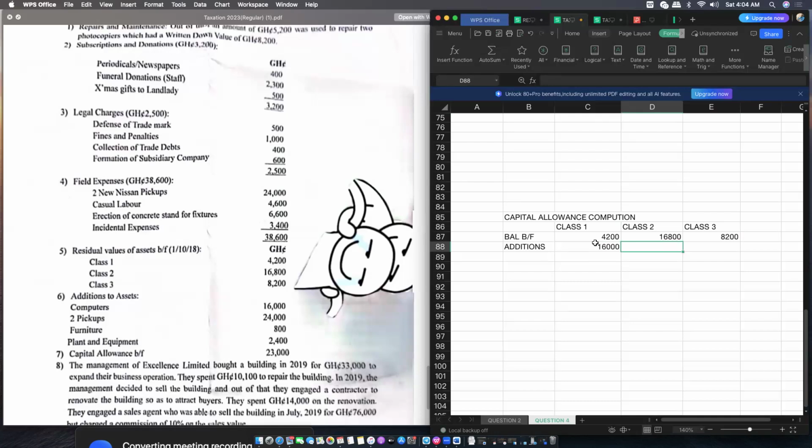That's the pickup, so pickup is class 2. Class 3? You sum up the plant and equipment. That's 2,400. Then furniture 800, plus the erection of concrete stand.